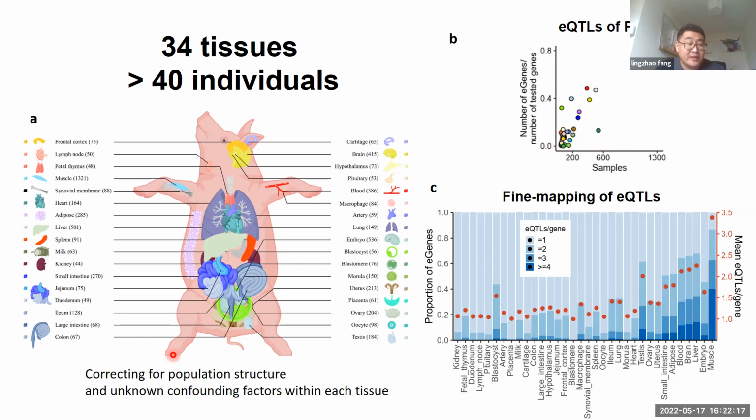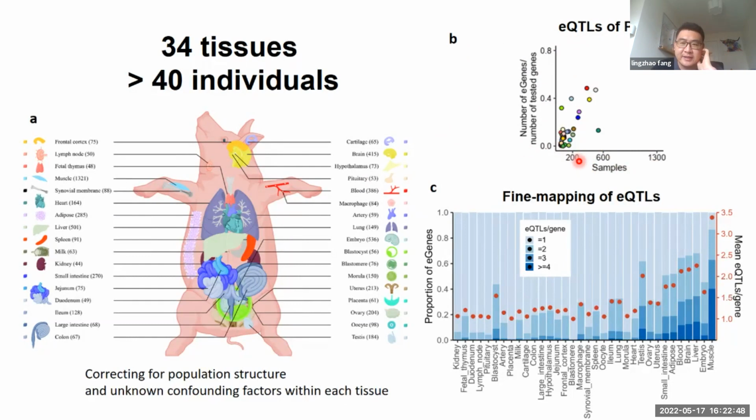Within each tissue, we corrected for population structure and for all unknown confounding factors by training PEER factors. Then we started mapping cis-eQTLs for protein-coding genes. Panel B shows how sample size relates to eQTL detection power.